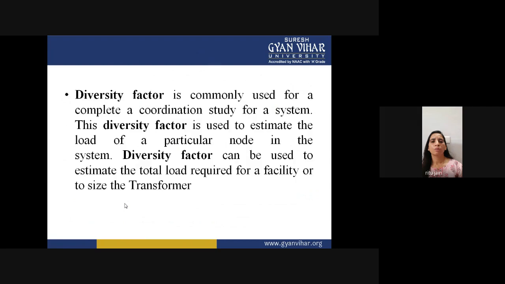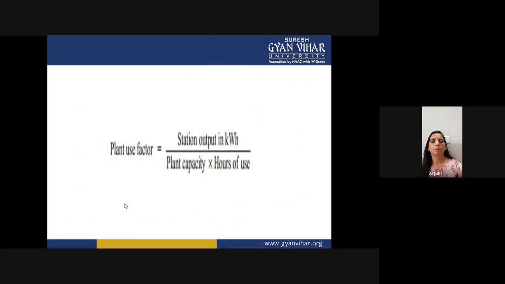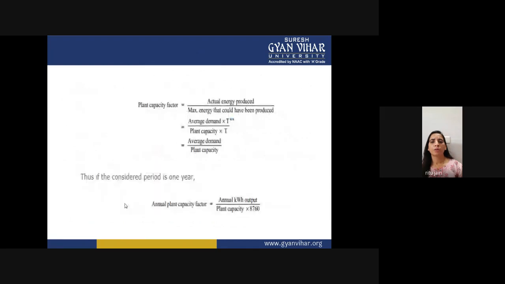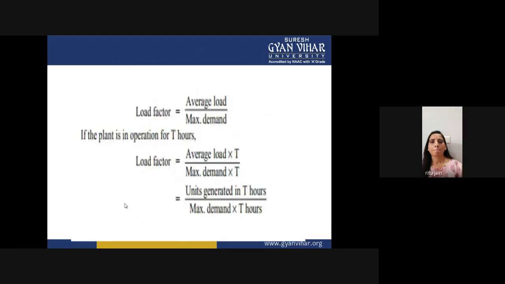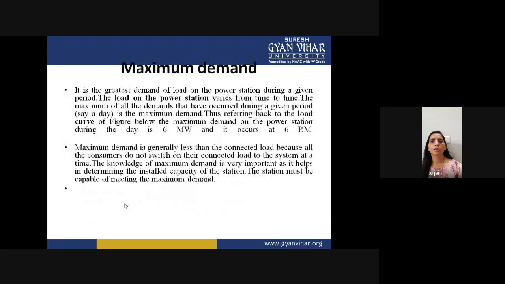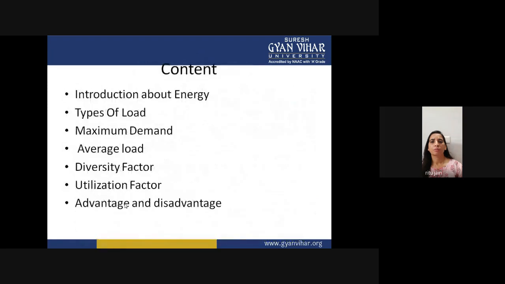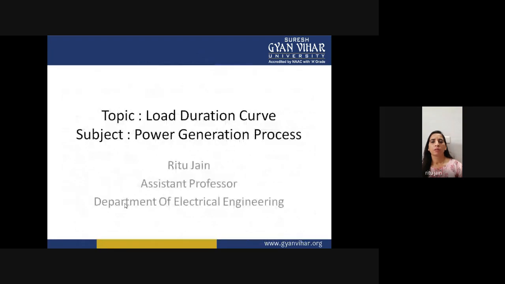You can easily understand by these books or some NPTEL lectures. So this is all about your load duration curve, by which you can easily understand the different factors which are important for your power generation plant. Thank you.